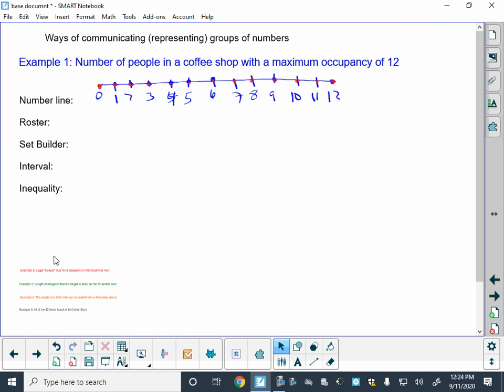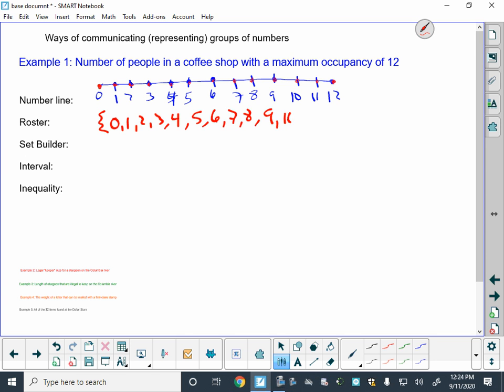A roster notation, the idea of roster notation is that we're just going to list the possibilities. So it could be 0, 1, 2, 3, 4, 5, 6, 7, 8, 9, 10, 11, and 12. Roster notation works pretty well for integers.